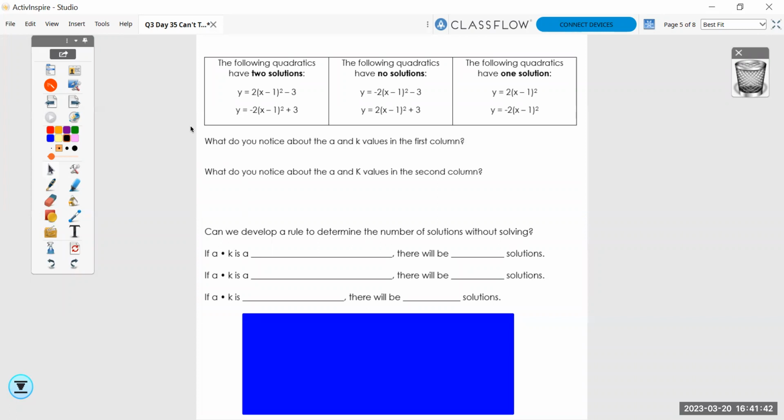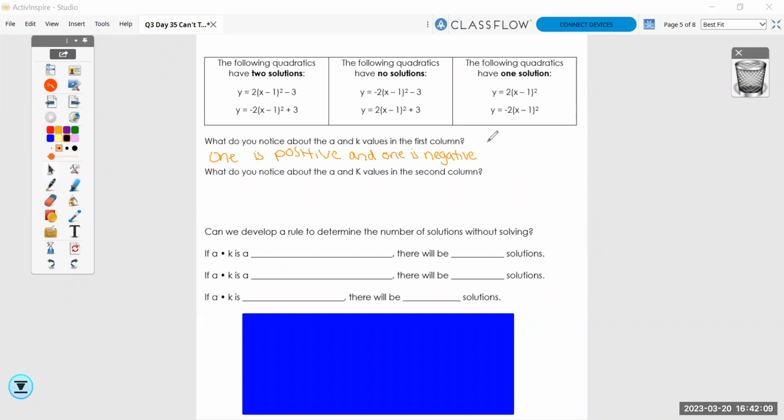And what we want you to see is that when you have two solutions, one of your values, your a or your k, is positive, and one of them is negative. Okay, one's positive and one's negative.